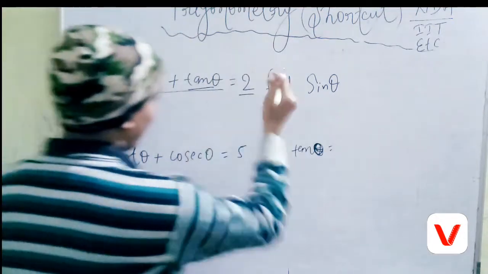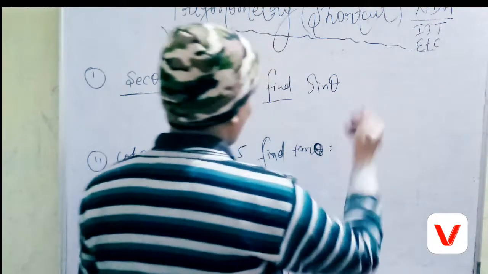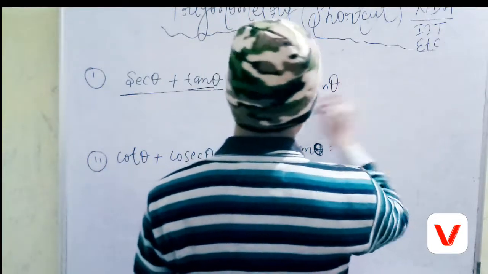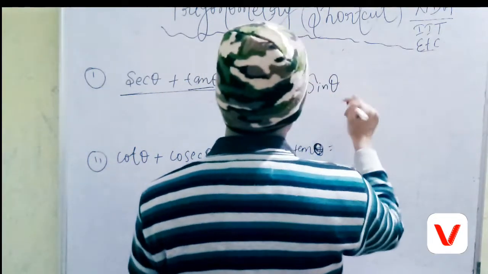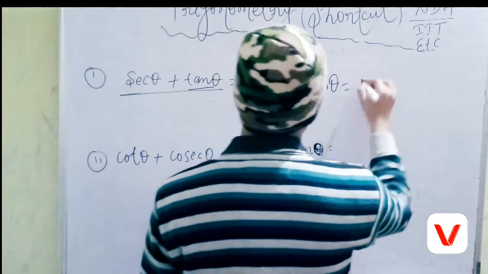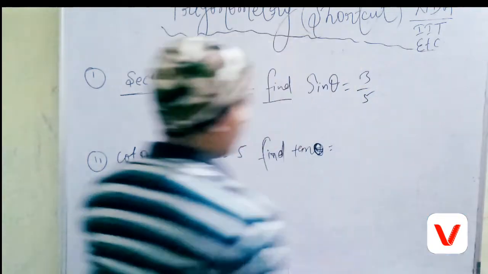Sec theta plus tan theta equal to 2, and sin theta equal to what? We can write 3 by 5.